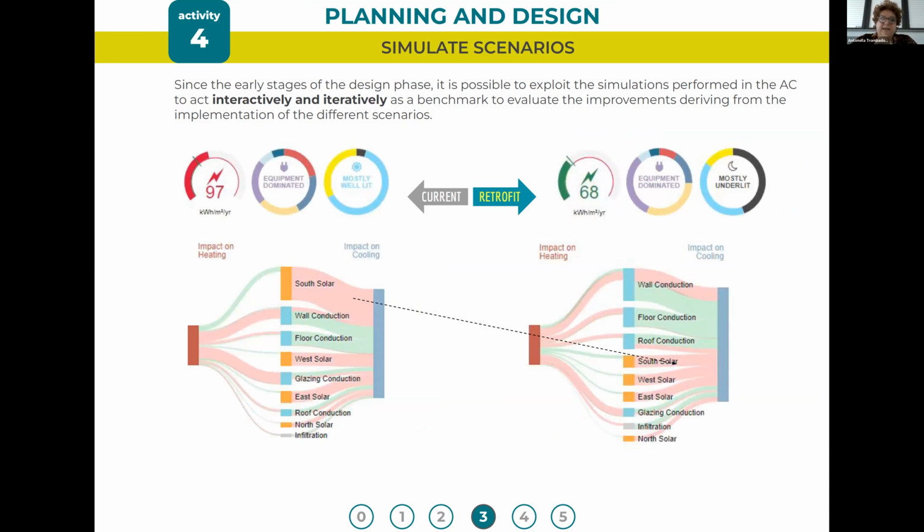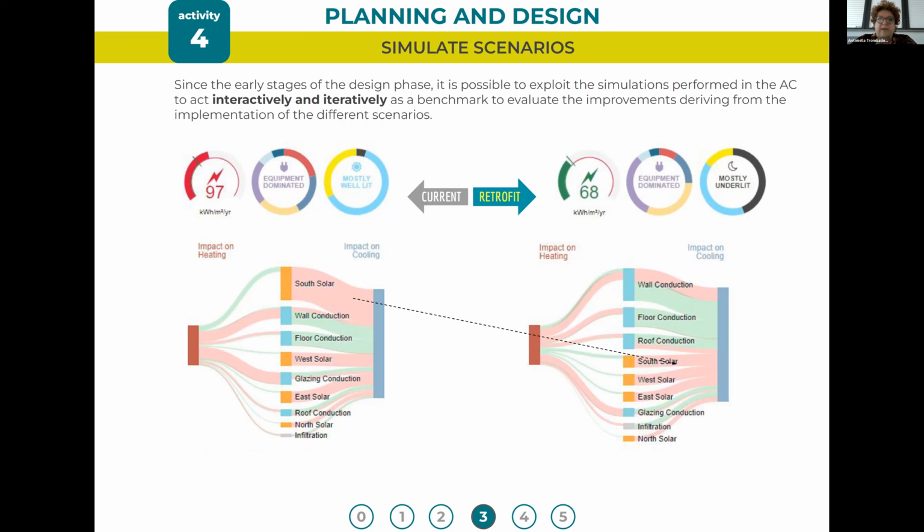But we have another aspect of the simulation, because especially to discuss with the owner and with other public administrations, it's necessary not only to have the architectural vision of the future building, but to compare the benefit of, for instance, energy reduction.